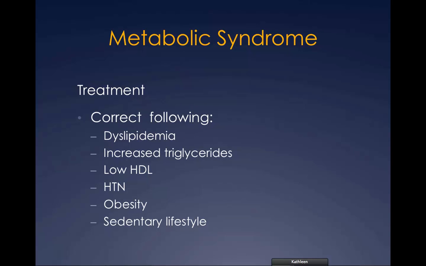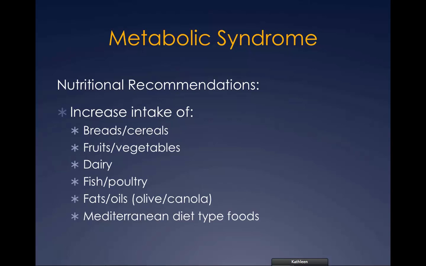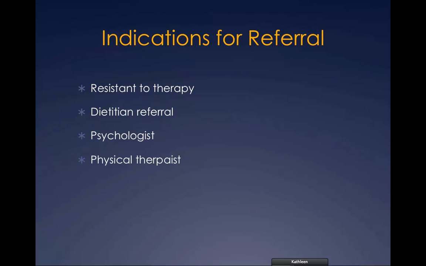So we want to correct the following, which we talked quite a bit about. Nutritional recommendations of bread, cereals, fruits, vegetables, dairy, fish, poultry, fats, oils, olive oil, Mediterranean diet type foods.